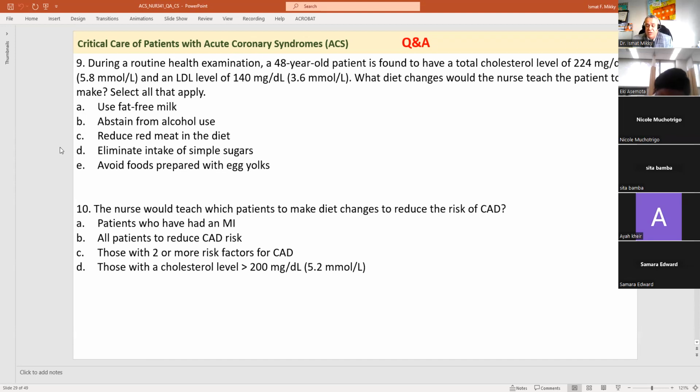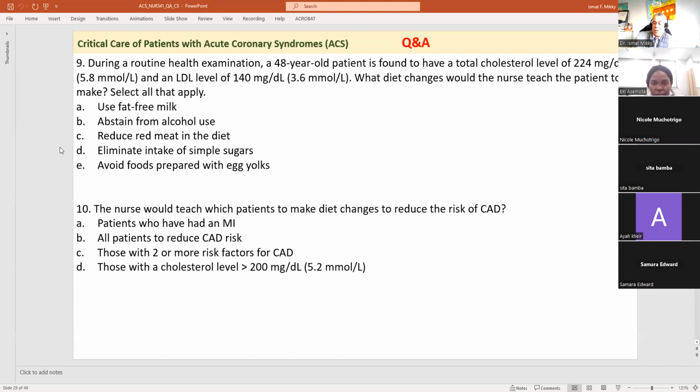So therapeutic lifestyle changes will lead to a reduction in saturated fat and cholesterol intake, these types of changes that we expect, right?